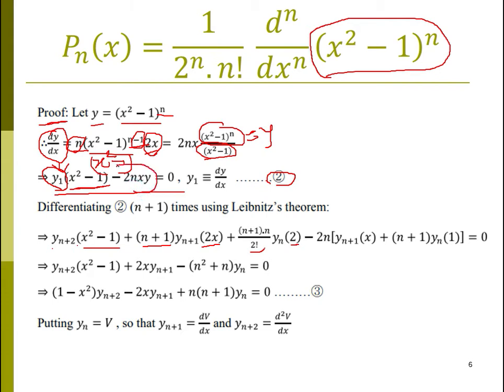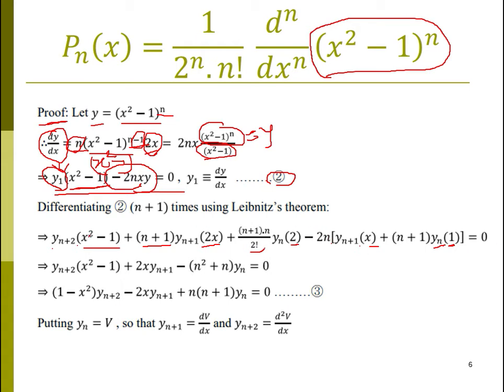And now minus 2n into y_{n+1} into x, plus (n+1)C1, so (n+1)C1 is equal to n+1, into y_n. The derivative of x is equal to 1, and in the next term the derivative of 1 is equal to 0, so the remaining terms are 0, equal to 0.